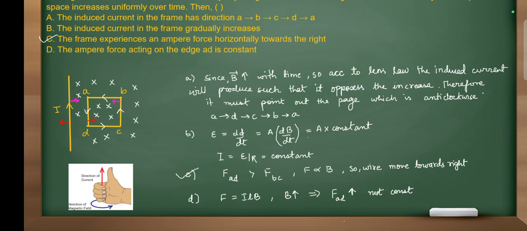Here the direction is given as ABCDA, and when the frame is moving, the frame experiences an ampere force horizontally towards the right direction.